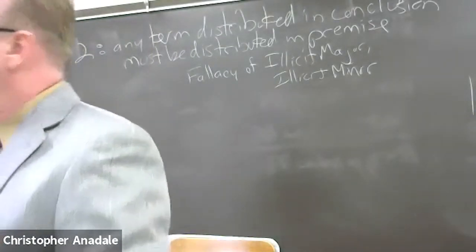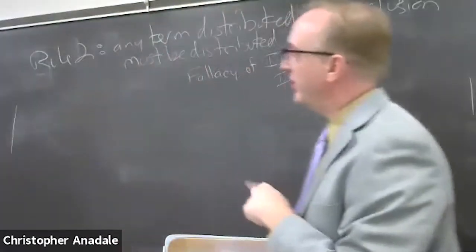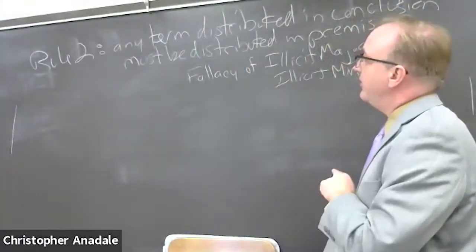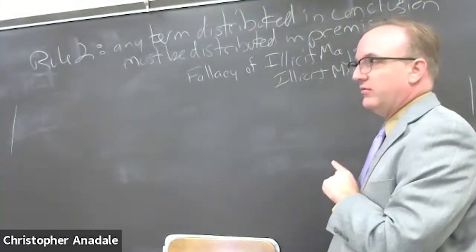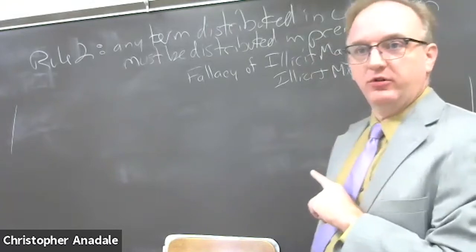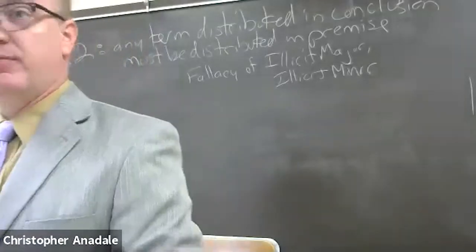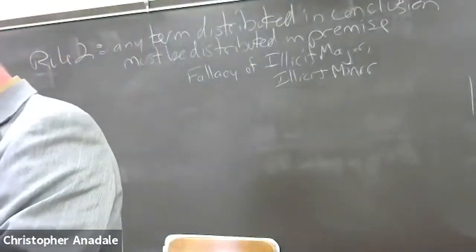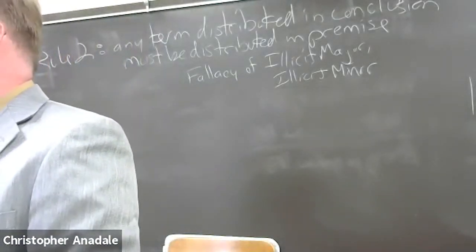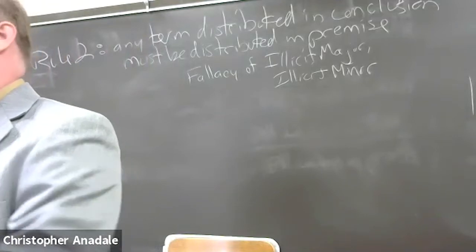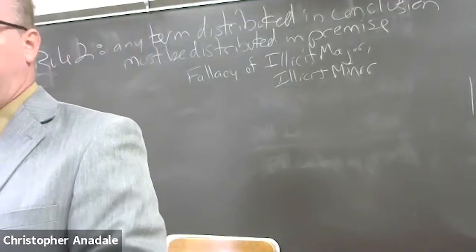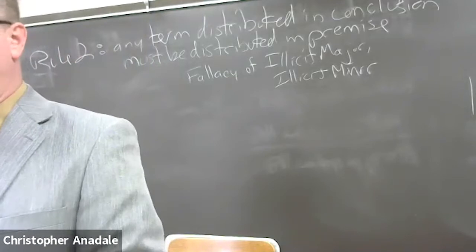So, first thing I want you to see, well, sorry, other observation about this: the structure of this rule is not symmetrical. Terms distributed by the premise do not have to be distributed in the conclusion, just like you don't have to draw down your entire bank balance with every check.